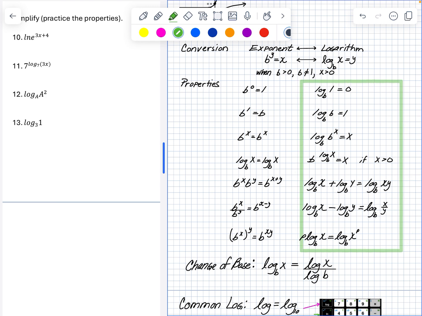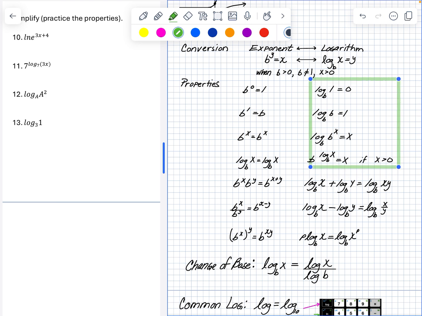You're going to use these rules so often, you're going to become very good at them. And for this day, we are going to look at, I think, these 4 rules right here.